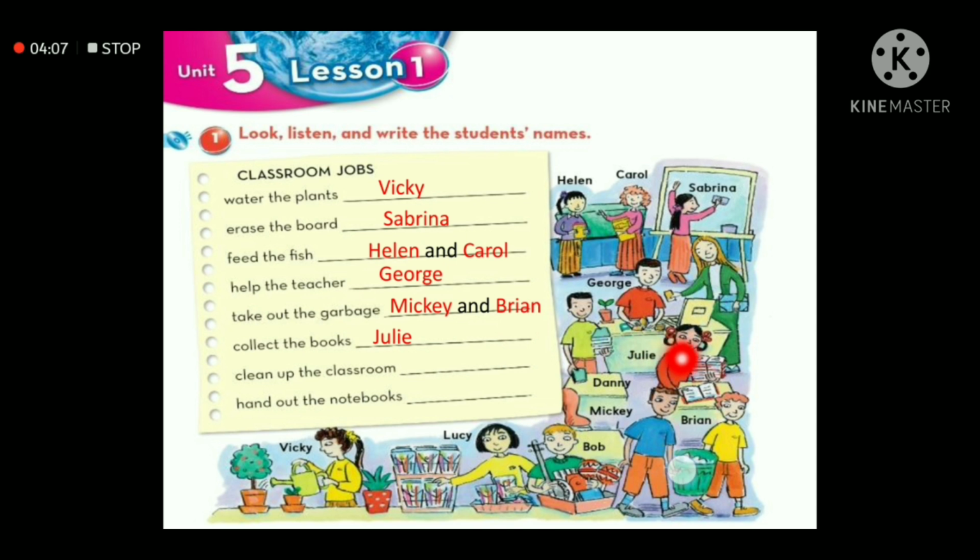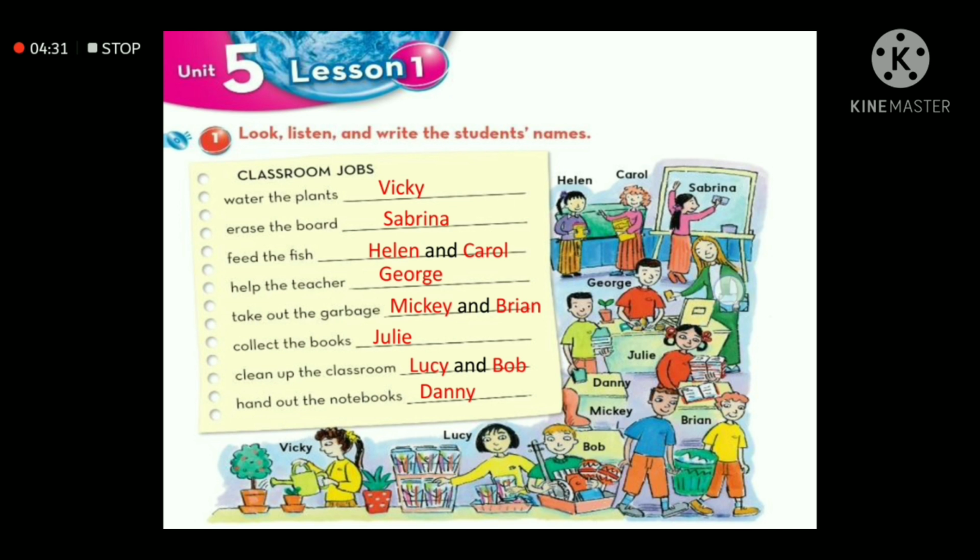She's collecting the books. Clean up the classroom. We have Lucy and Bob. And the last one is hand out the notebooks. We have Danny. Okay, did you get the idea? So all that is required is to write the student's name next to the job they are doing.